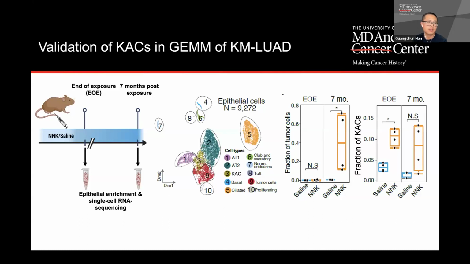What we did is, with this mouse model, we collected the cells at baseline, which is the end of the tobacco carcinogen exposure, and 7 months after the exposure.